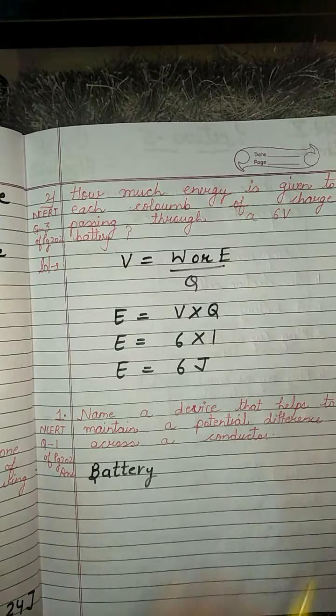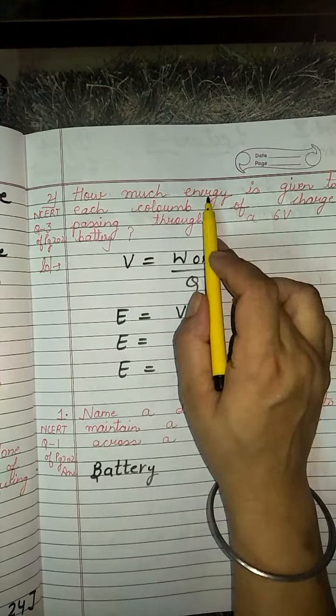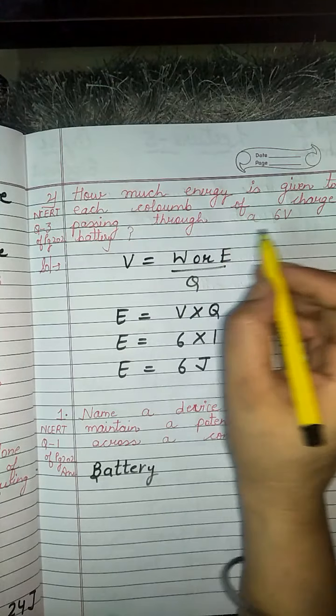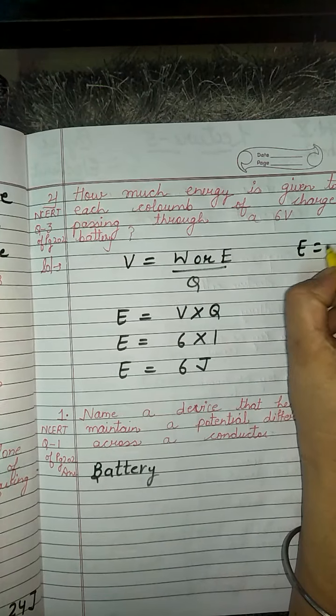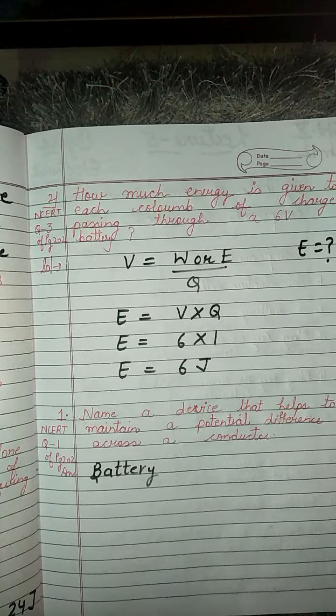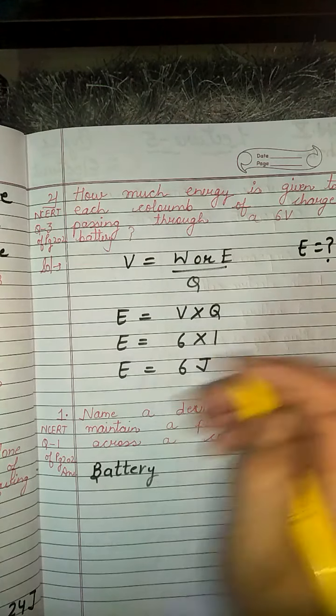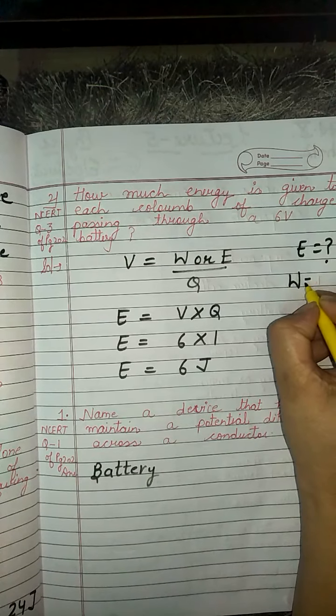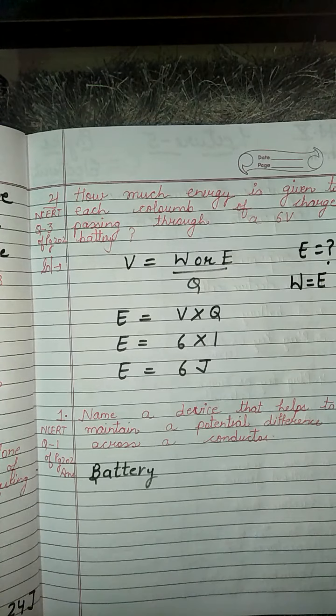One more numerical has been discussed. Just see. How much energy is given to...? How much energy means energy you want to find out. Now from where does this word energy come? Just recall 9th class. There we have said work done is equivalent to energy.